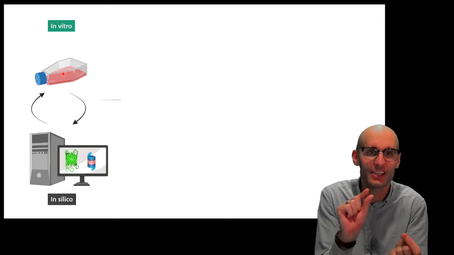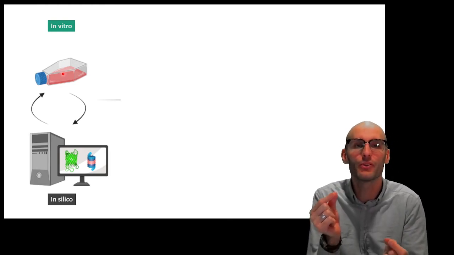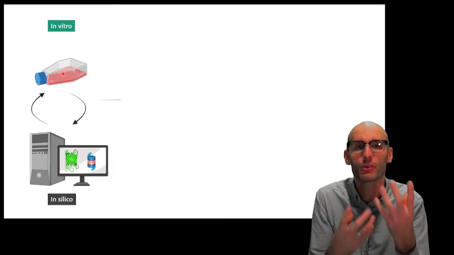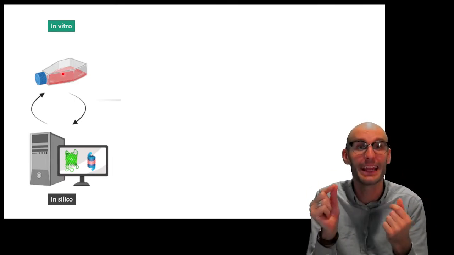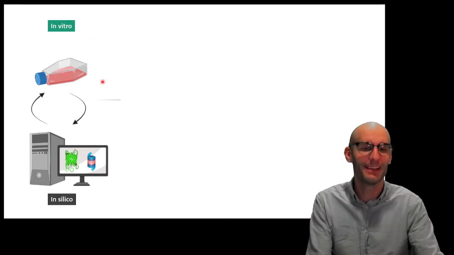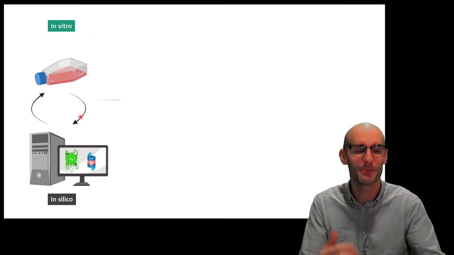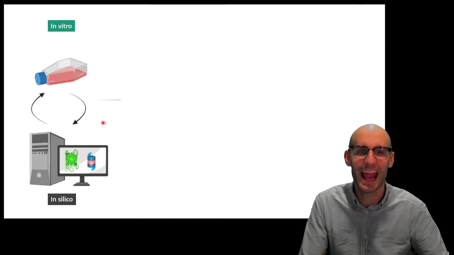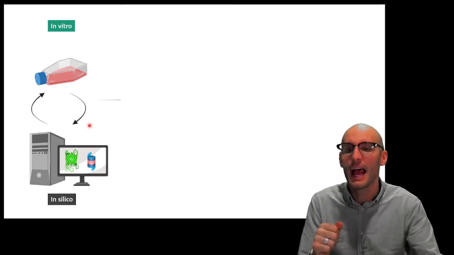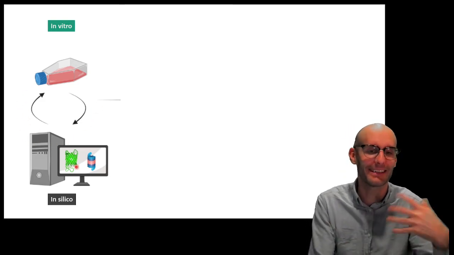If you change the molecule like this, it improves it. If you change it like this, it makes it worse. The computer can now make more informed decisions about how to make it even better than it already was. So we go round and round in this process until we get a really optimal drug. This is called structure activity relationship processing, and it's an excellent way to make an excellent drug.